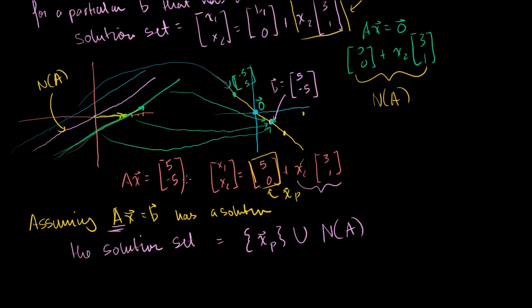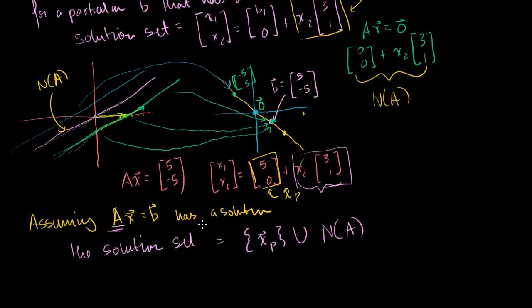I haven't proven this to you yet, but hopefully you get the intuition why this is true. We just solved it for particular cases that do have solutions. We say, hey, it's going to take this form, and I just showed you that this thing right here is the null space.